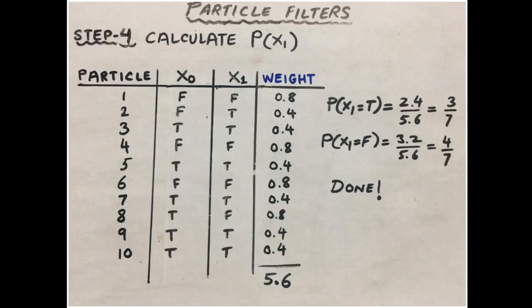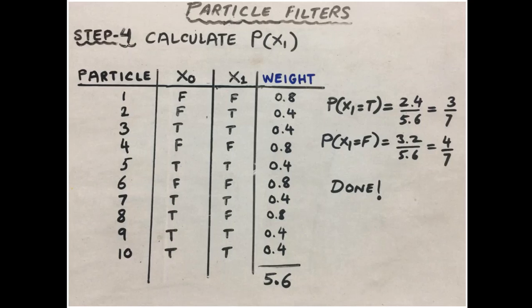So remember, if you sum up all the weights of all 10 particles, you are going to get 5.6. So the probability that your state variable has true value at time t1 is 3 over 7.